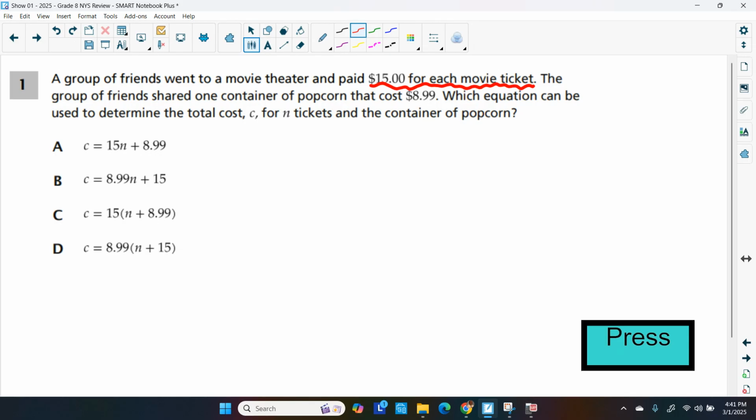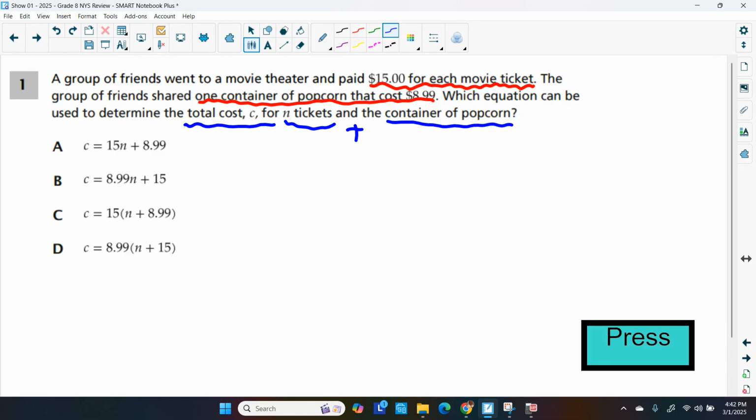The group of friends shared one container of popcorn, and that popcorn cost $8.99. Which equation can be used to determine the total cost, and they call that C for total cost, for N tickets, and good place to put a plus the container of popcorn.